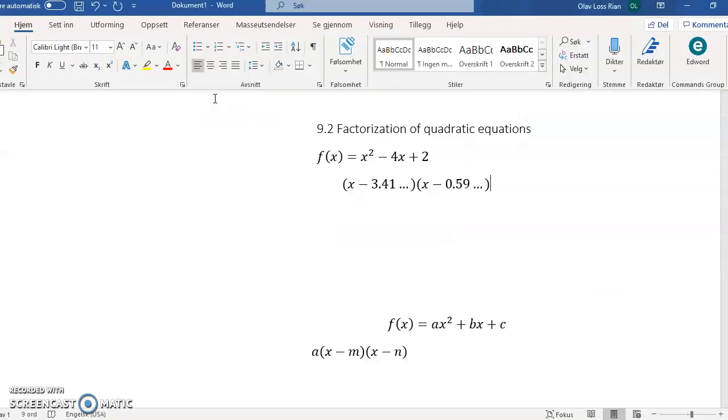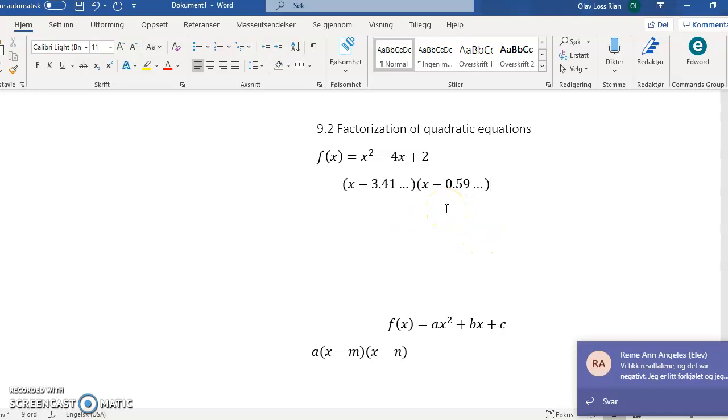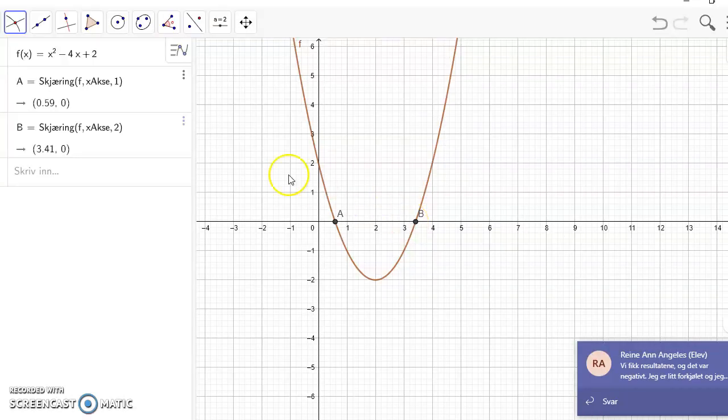So if you have an expression for the equation of a function, if you want to draw it by hand, you need to find the zeros of the function, and you also need at least one more point. So the vertex is usually useful, and you can also use the intersection point with the second axis.